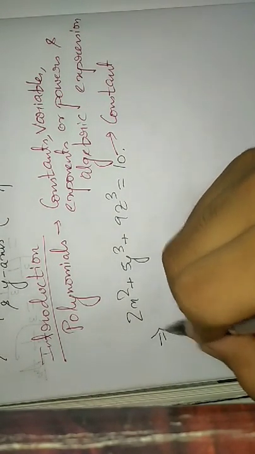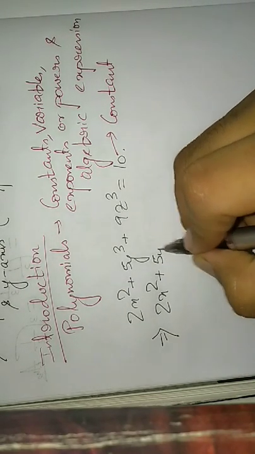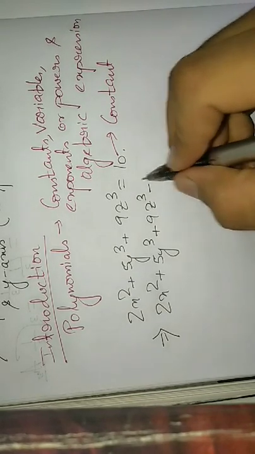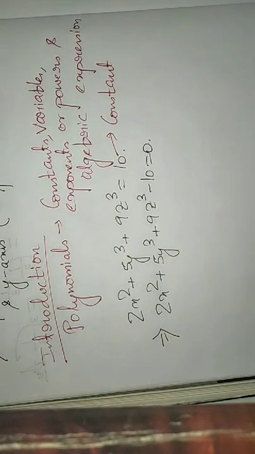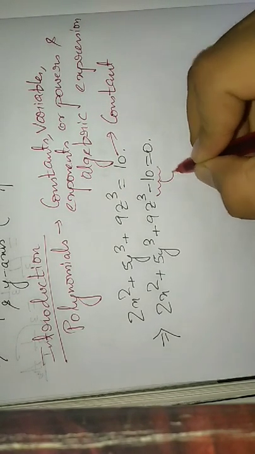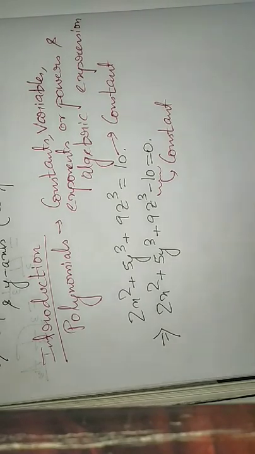This equation can also be written as 2x square plus 5y cube plus 9z cube minus 10 is equal to 0. So here this minus 10 will be your constant.